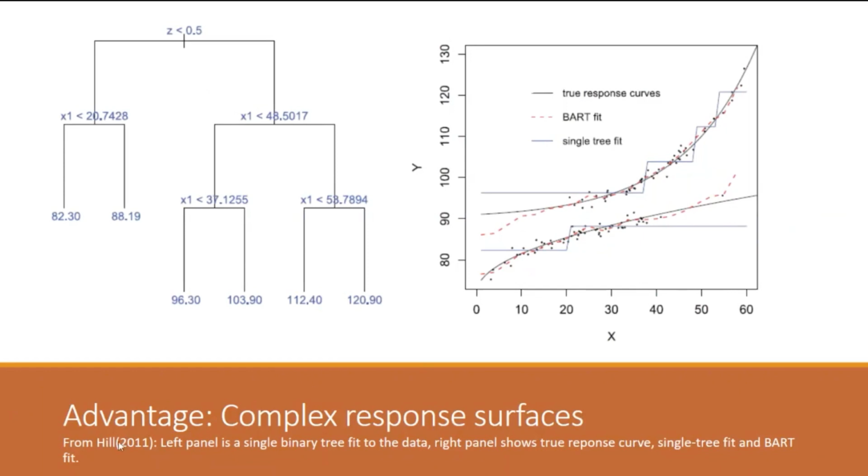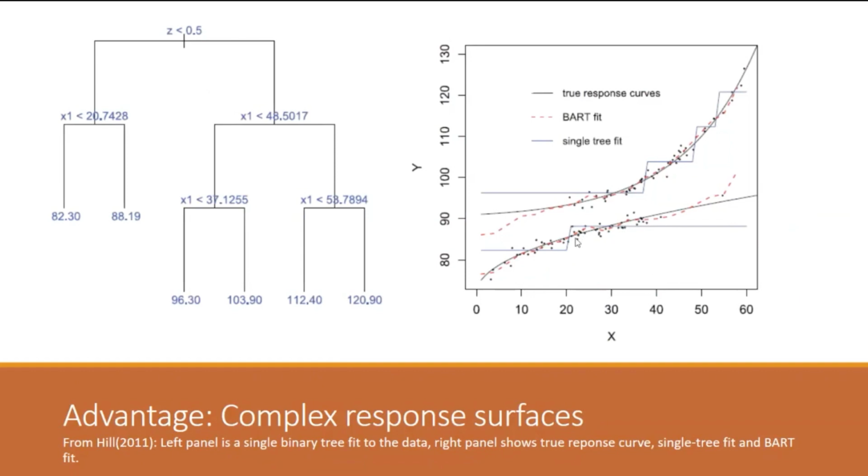It's taken from a paper by Jennifer Hill, which was sort of the first one to introduce BART as a causal inference tool, where we have two groups in this data set. The black lines here are the true curves, the relationship between this predictor X and the outcome. And there's two groups, each of which has a different curve that they're following.